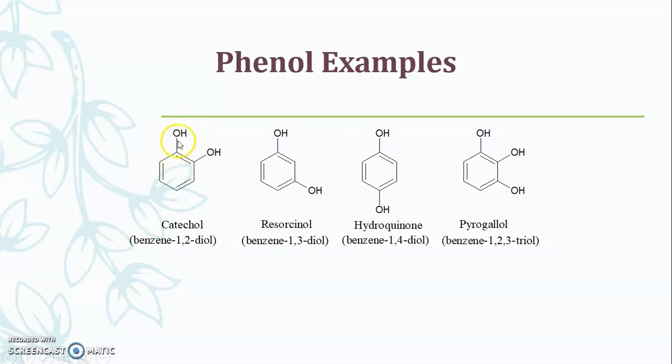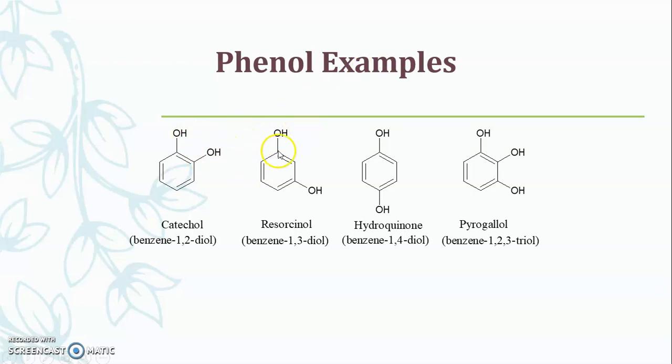If we consider this as a substituent, then this position is ortho and this position is also ortho to this substituent. That's why we say these groups are present ortho to each other.